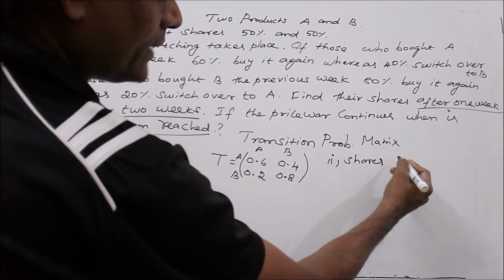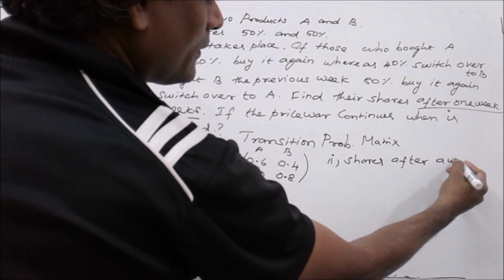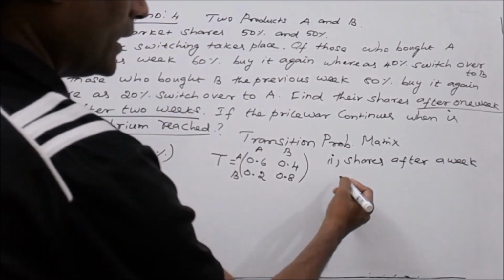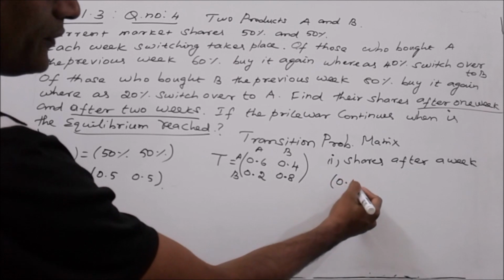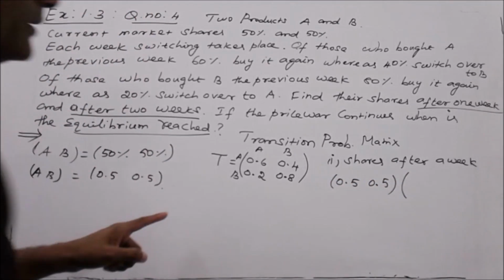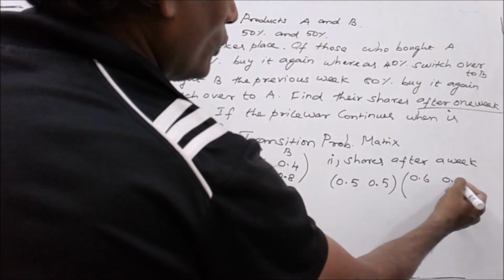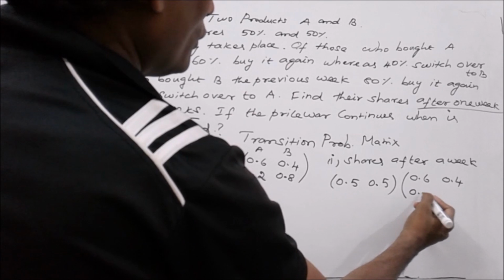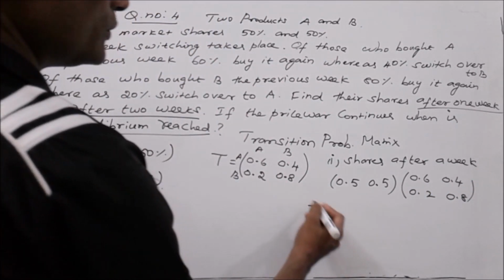To find shares after a week, multiply the distribution AB 0.5, 0.5 with the transition probability matrix 0.6, 0.4, 0.2, 0.8.